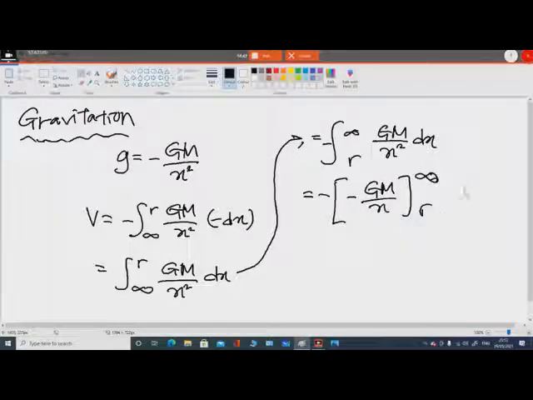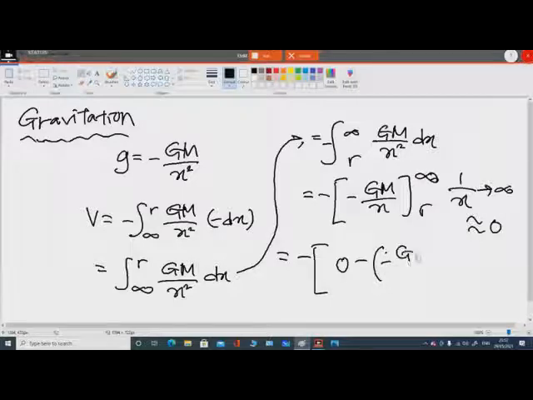For a reciprocal graph, we know that if x is approaching infinity, 1 over x will give us approximately 0, not totally 0. So negative 0 minus negative GM over r gives us negative GM over r, which is our gravitational potential.